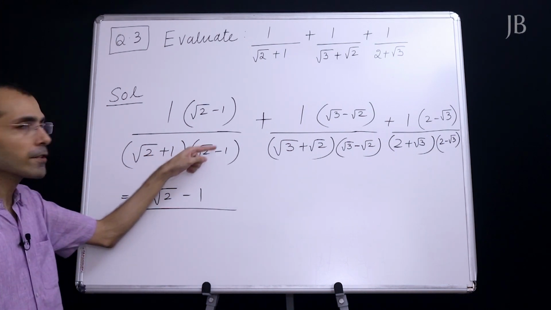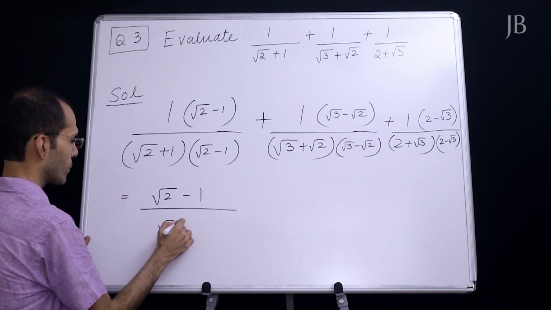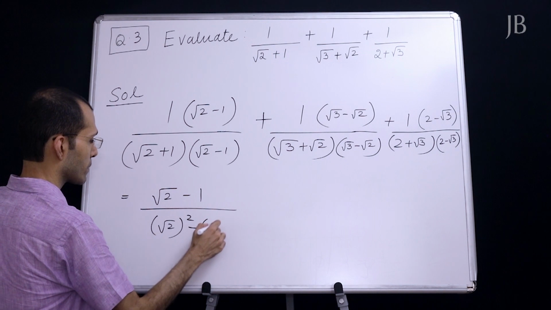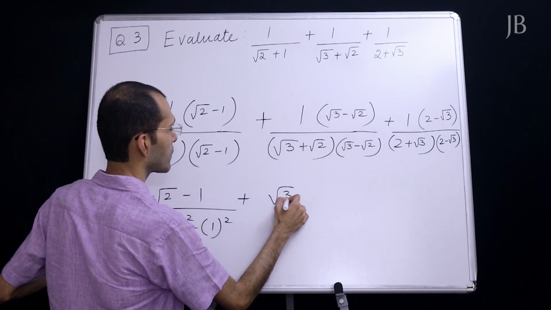Now this is a plus b into a minus b, that is a squared minus b squared. So root 2 squared minus 1 squared, plus 1 into this will be same, no problem.